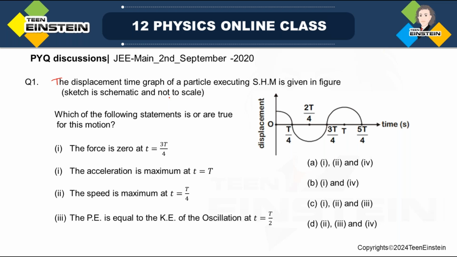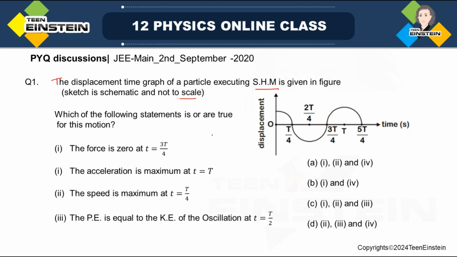It is a sketch, not to the scale. So this figure shows the displacement time graph of a particle which is executing simple harmonic motion. Which of the following statements is or are true for this motion?